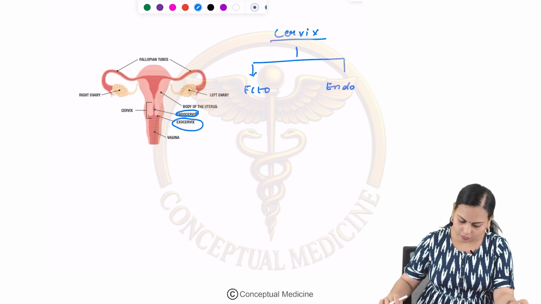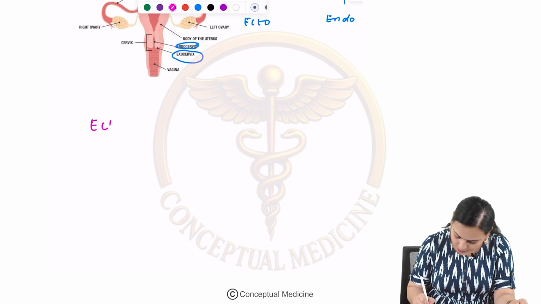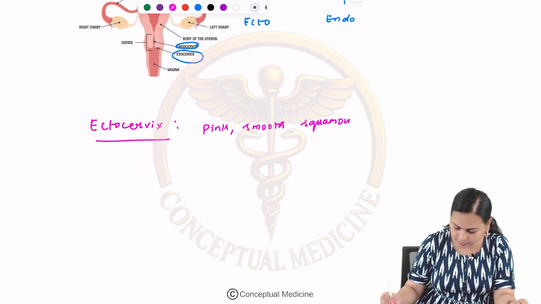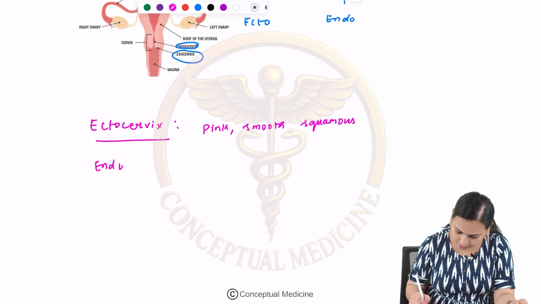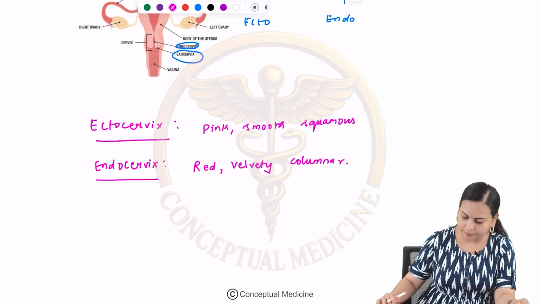Okay. Now, what is the importance of these two regions? The ectocervix is going to be lined by the pink smooth squamous epithelium, whereas endocervix is lined by red velvety columnar epithelium.